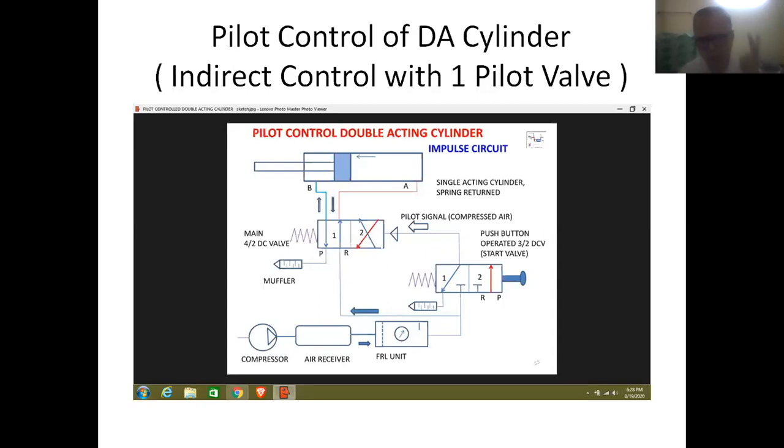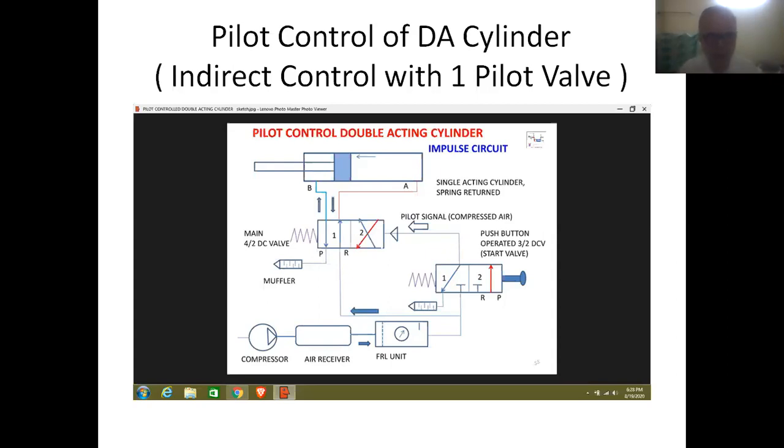So friends, two-way and three-way DC valves will have only one outlet. So therefore, they are suitable only for operating single acting cylinders. But whereas four-way and five-way valves will have two outlet ports. So therefore, they are suitable for operating double acting cylinders.